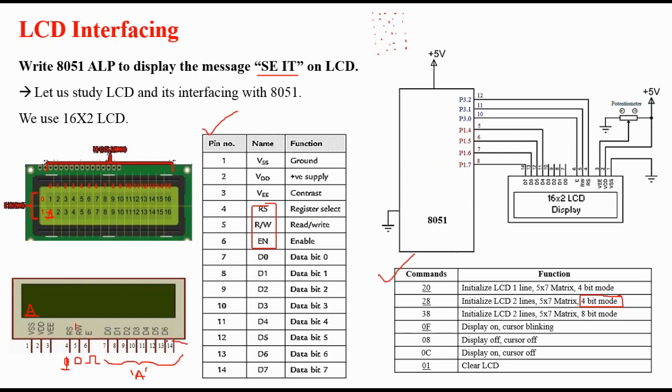Just like over here, we have connected D7, D6, D5, D4, those higher data pins, to the microcontroller, and we have kept the rest of the pins unconnected. If we want, we can connect all those 4 pins to a port, but we have not connected them anywhere.